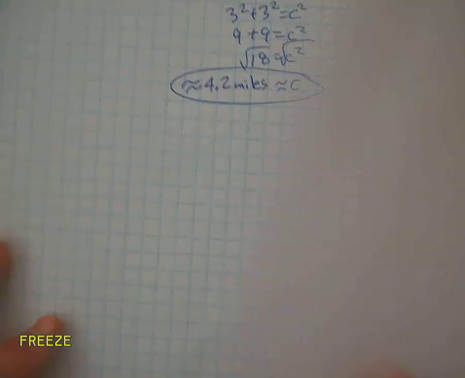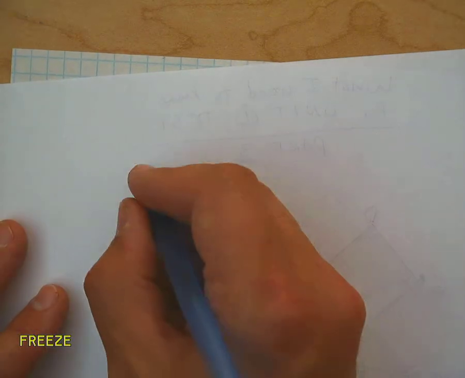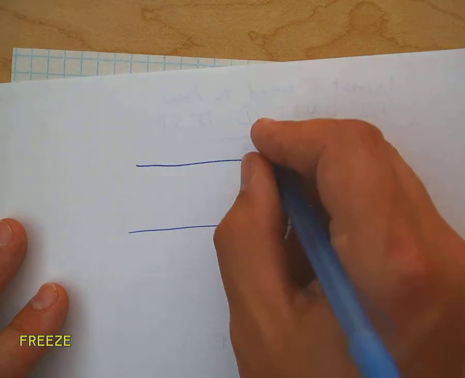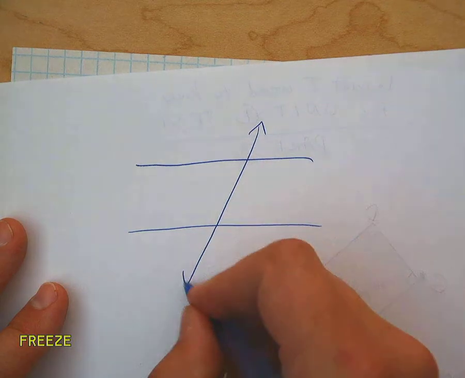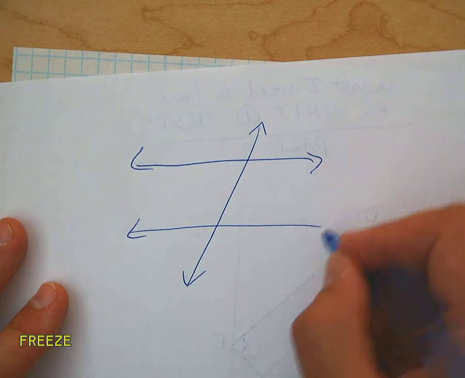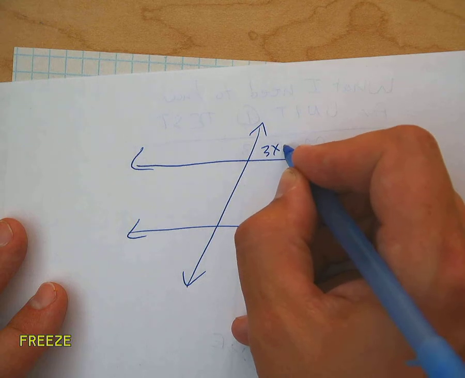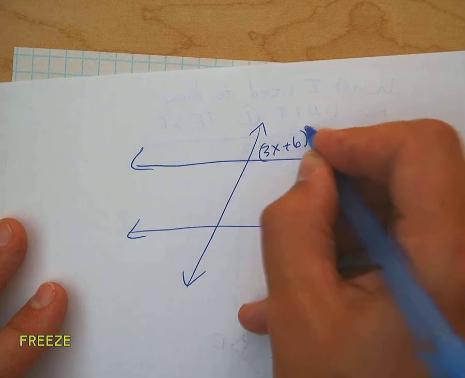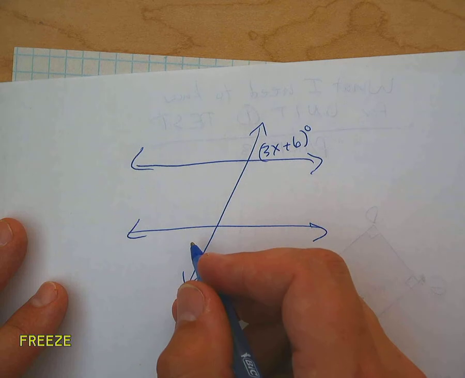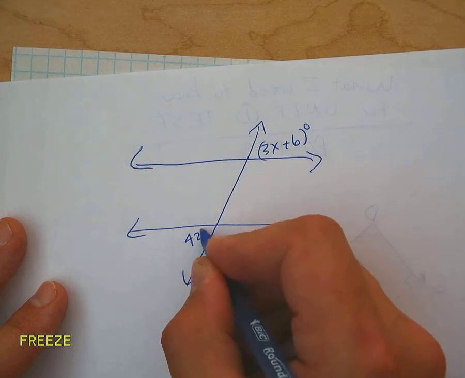Okay, let's flip this over. Let's try a couple more here. I'm going to do this without a ruler, so I can do it a little faster. Let's say I have something like this. I have 3x plus 6, and this is going to be 42 degrees.